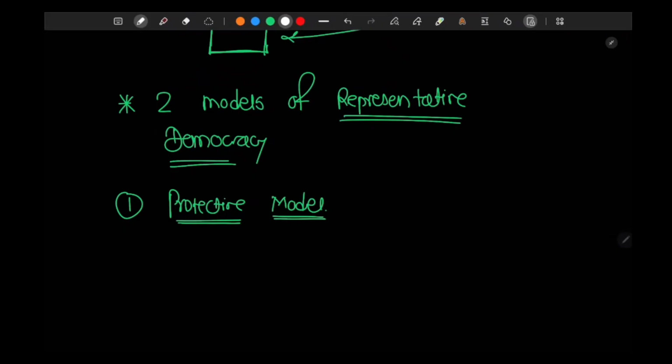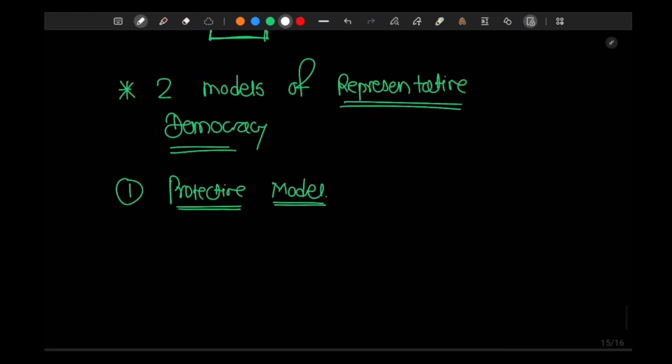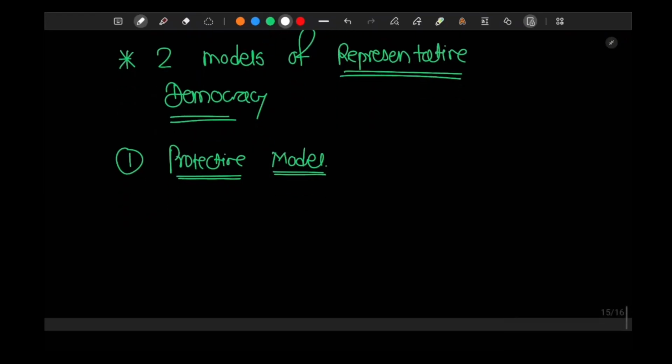If it is a protective model, what will it protect? The protective model assumes democracy to be a form of government which protects the rights of its citizens.